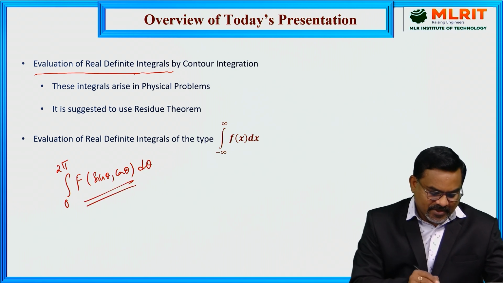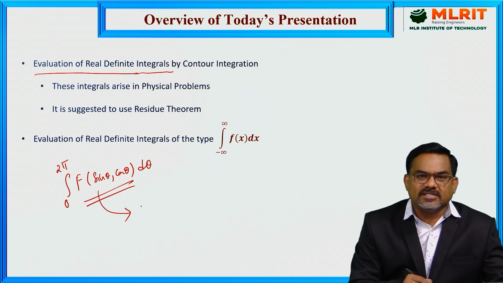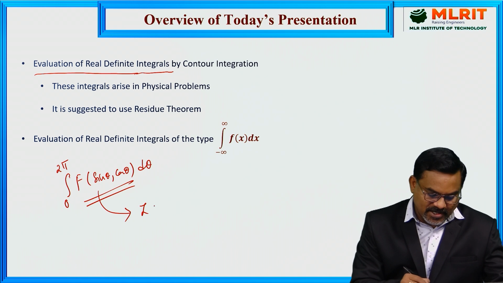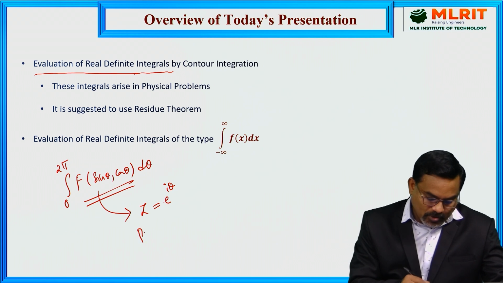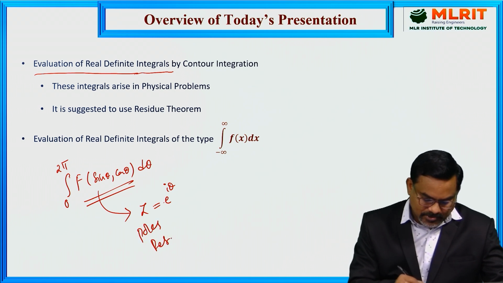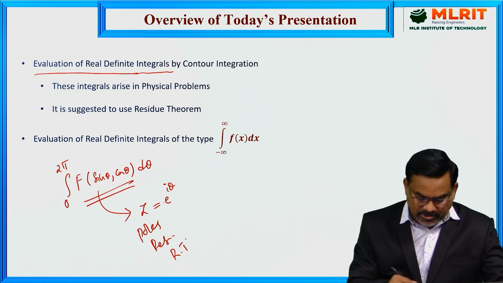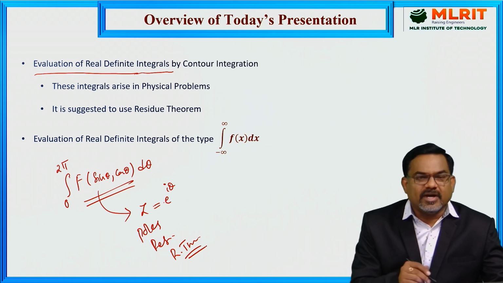This function of theta is reduced to a function of z using a transformation, and then by finding the poles and residues and using the residue theorem, we evaluated the given line integral.